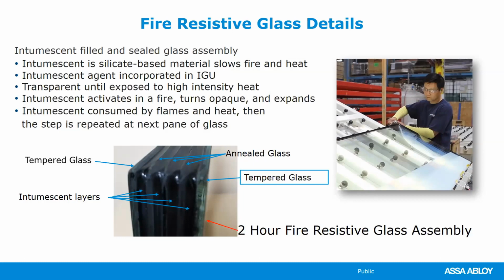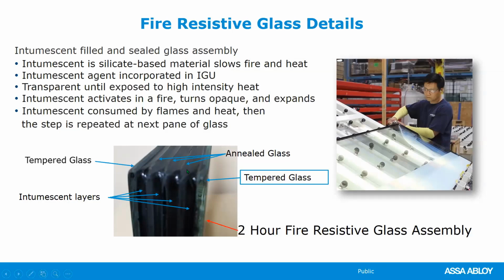After the glass is assembled, it goes into an oven to accelerate the curing of the intumescent. The intumescent would normally cure over time, but they put it into the autoclave to speed that curing process.